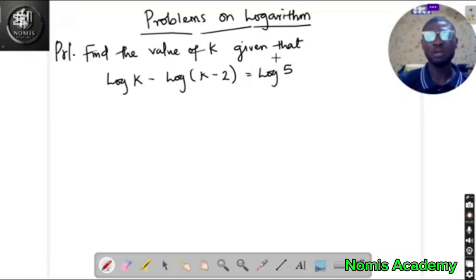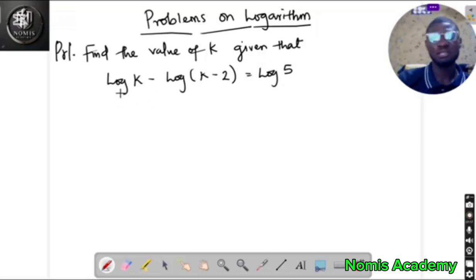So what do we do when we are not given the base of the log? Definitely all the logs do not have a base. So we just assume that they follow a standard base of the log, which is base 10.